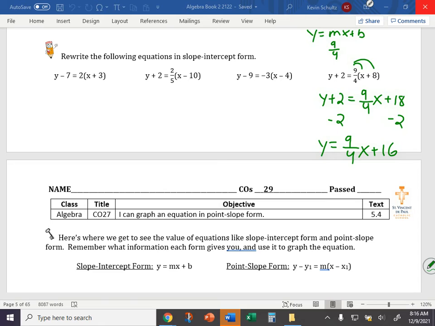And because we know that 8 and 2 is an ordered pair on the line, couldn't we just take those values and plug them into slope-intercept form and get the y-intercept that way?